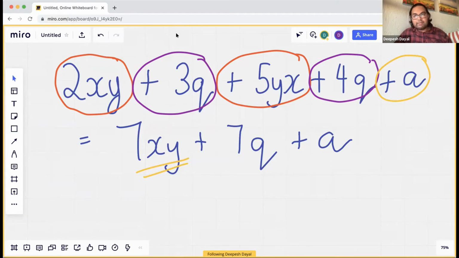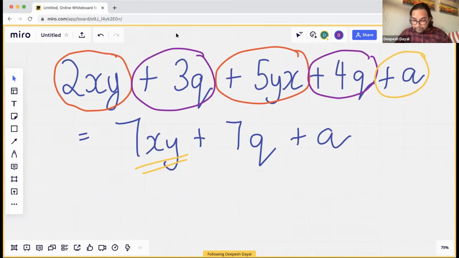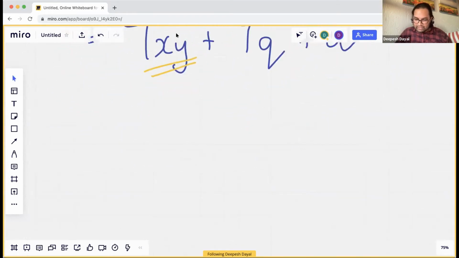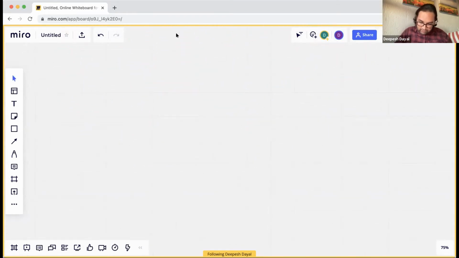Is that okay, everybody? Any questions regarding this? No? Okay. Right, let's try another one. I'm going to put some numbers in. That will be fun. Let's try this, and then we'll move on to the subtraction.